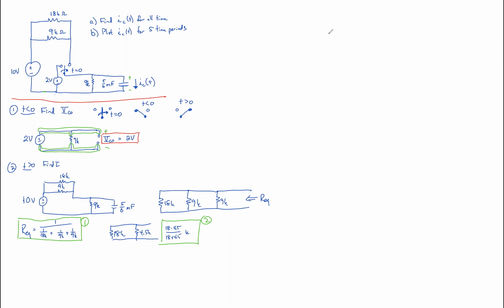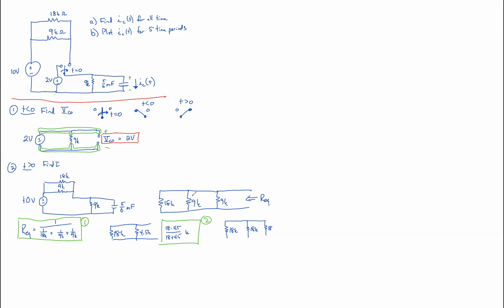The smartest way is to go back to this thing and realize that all these guys are multiples of each other. There's a 9K, there's a 9K, there's an 18K. Since these are multiples of each other, we can recreate this with the largest value resistor. And watch how we can do this. Here's our 18K. That 9K we could create by putting 2 18Ks in parallel.